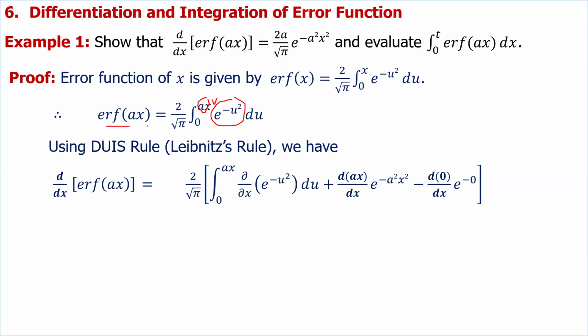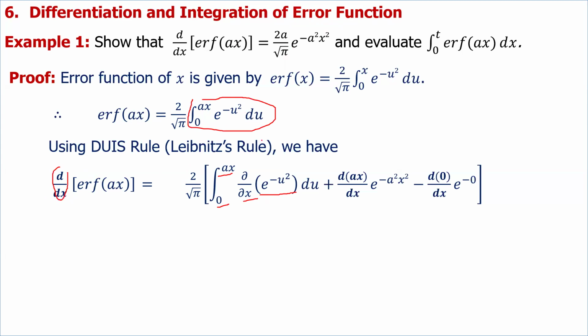Derivative of error function of ax is given by 2 upon root pi. We are taking this outside, and then integration under the limit 0 to x, derivative of e to the power minus u square with respect to x, because we want to differentiate with respect to x.